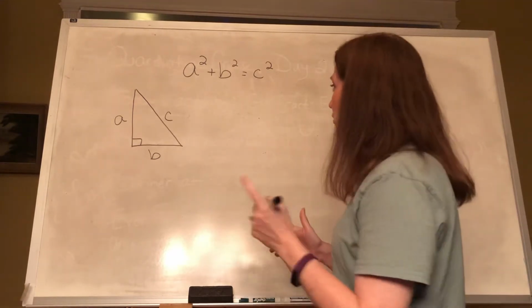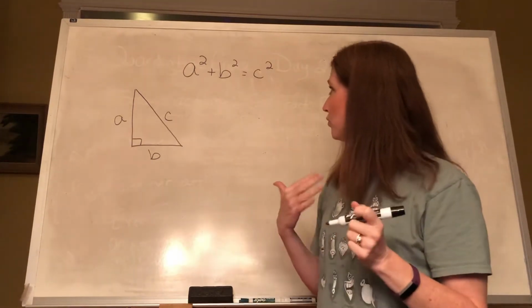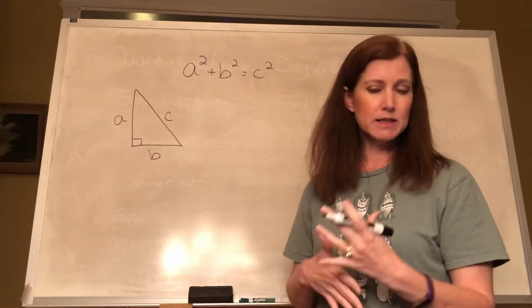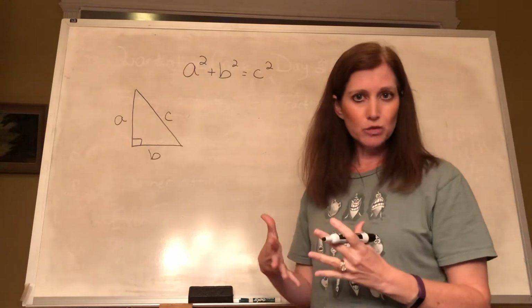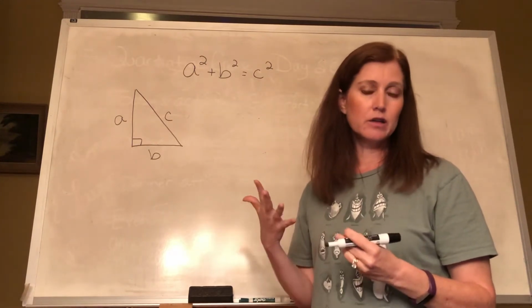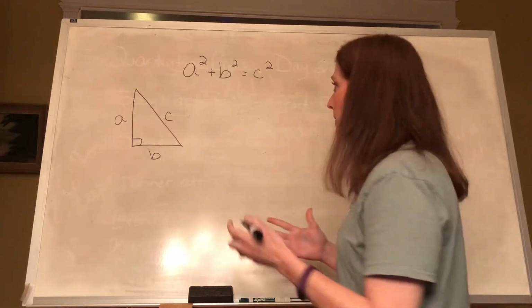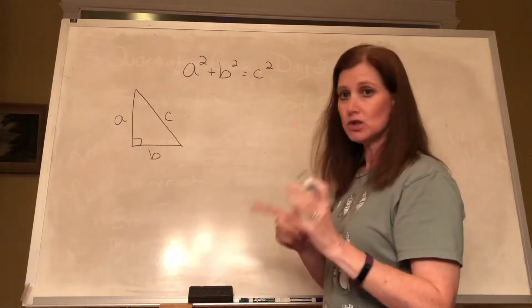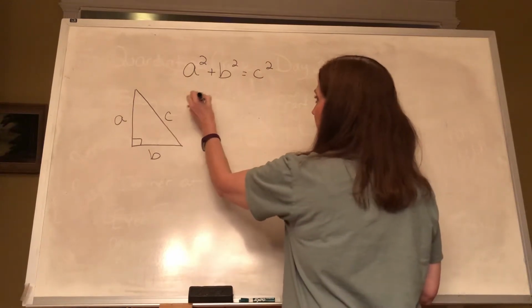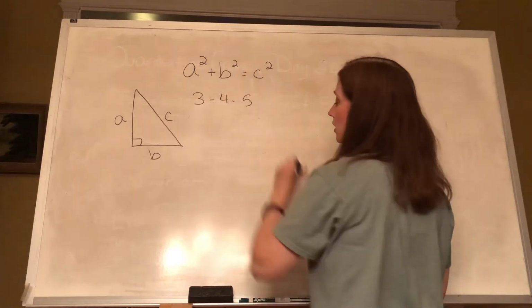One of the things that the lesson talks about is Pythagorean triplets. The more familiar you are with these numbers, the quicker you can figure out the problem. The smallest triangle, and that's the one we do with the Cheez-Its, is the 3, 4, 5 triangle.